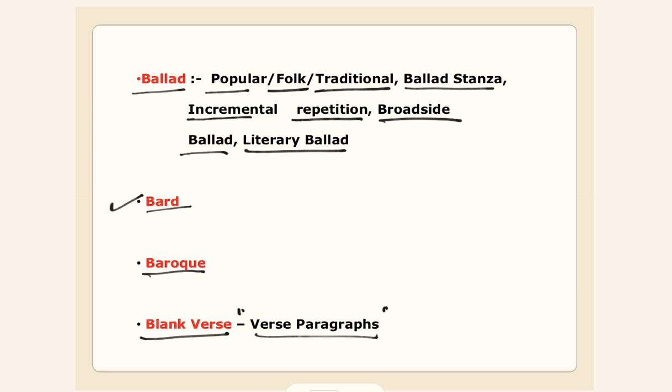Hope you know this one. Milton's Paradise Lost, most parts of the poetry are written in verse paragraphs. So verse paragraphs is very important. Regarding this concept, most of the concepts, I am going to bring in each video on these topics.